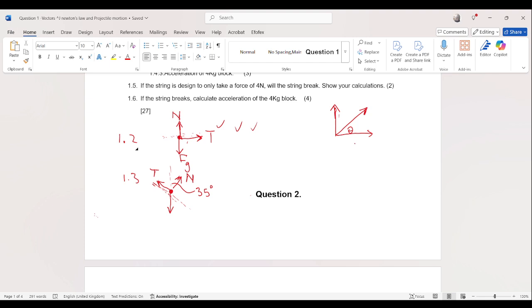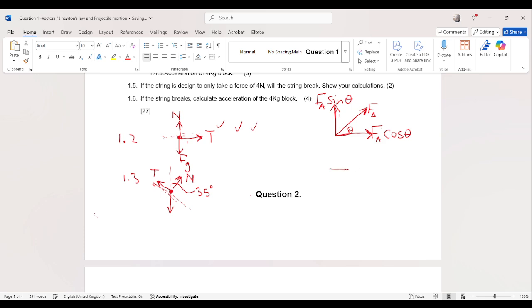So if you have an applied force, the component that forms part of the angle given is given a cos theta component all the time, and the other component is just Fa sine theta.